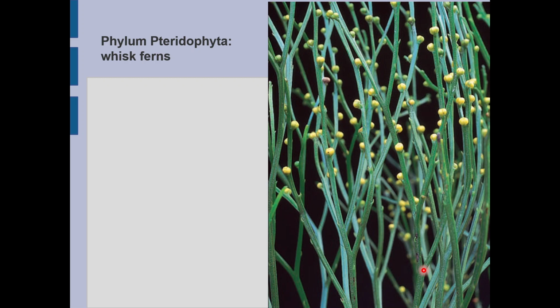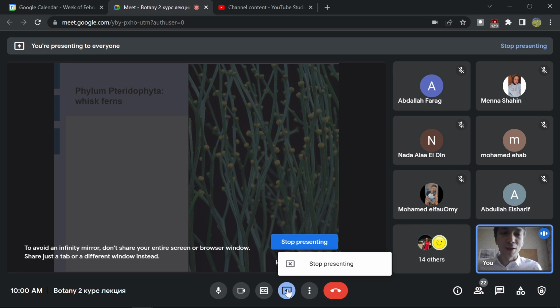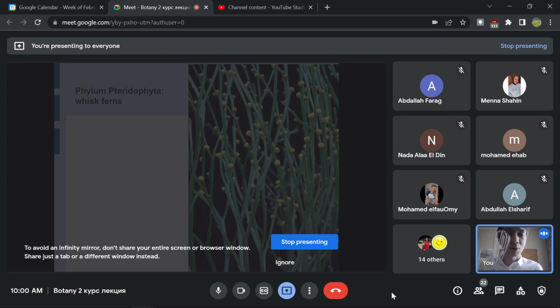So the types of ferns that can be seen are very different. For example, there are some ferns that look like a whisk. Like we usually use a whisk to prepare an omelette, like I did, for example, with this whisk.